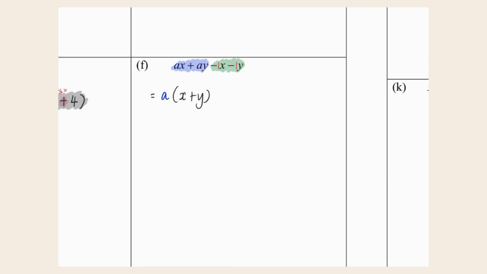So what happens if I take out negative 1 as the common factor? I will be left with x and positive y. Because negative 1, if I were to multiply positive y, that will give me back my negative 1y. And from here, I could continue to factorize easily now with x plus y as the common factor.